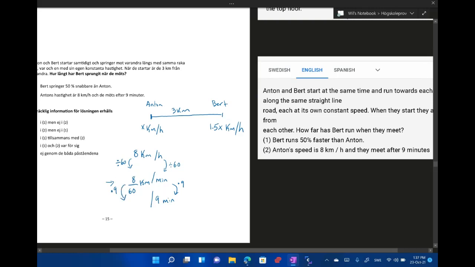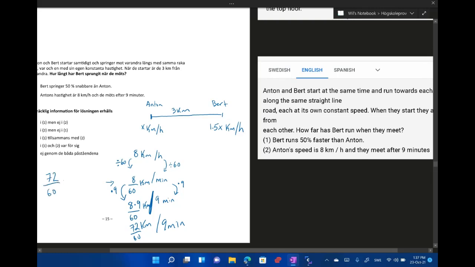So now we have 8 times 9 divided by 60 kilometers in 9 minutes. 8 times 9 is 72. So we have 72 over 60 kilometers in 9 minutes. Well, let's do the math. What's 72 divided by 60? Let's try to simplify this first.